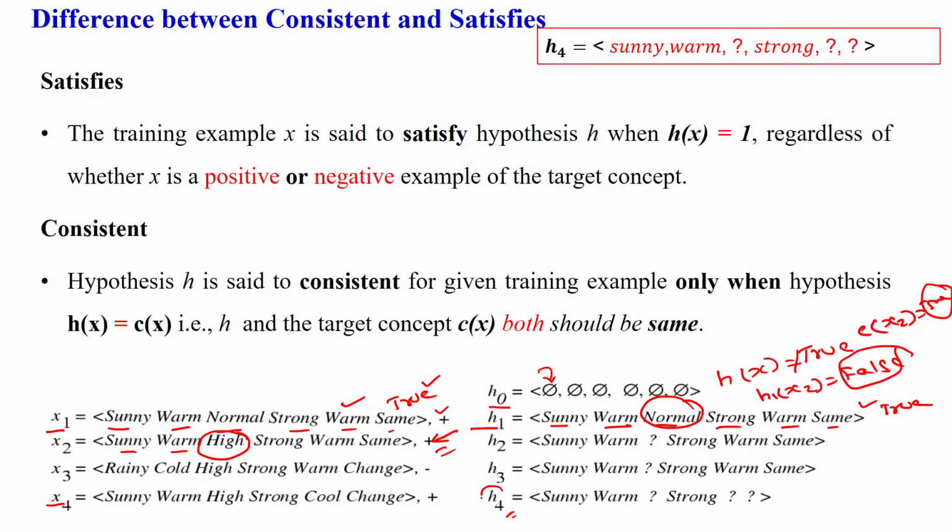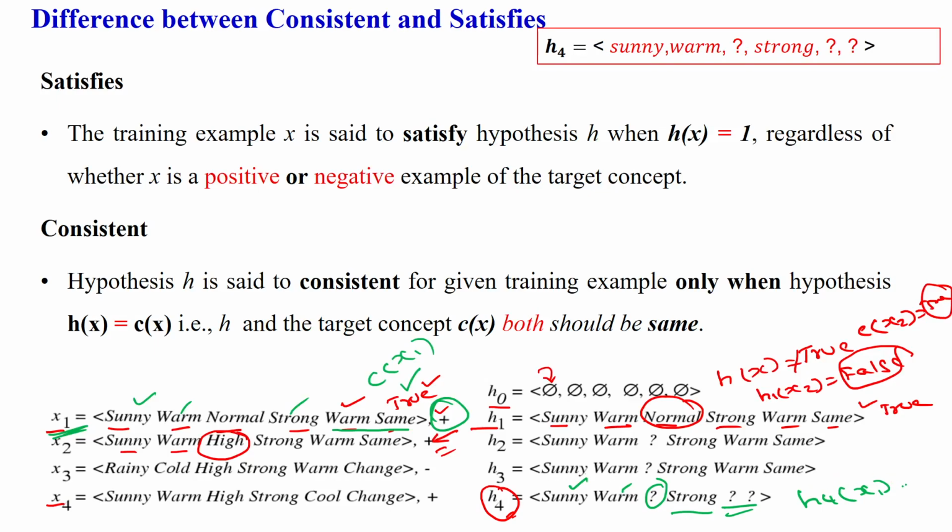And like that, we take h4. When you take h4, you check with x1 whether it is satisfying the value or not. Here sunny, here also sunny, warm, warm, here the question symbol accepts any value, then strong, here also strong, and the last two question symbols accept any value. So c of x1 is true, which is given, and h4 of x1 is also true.